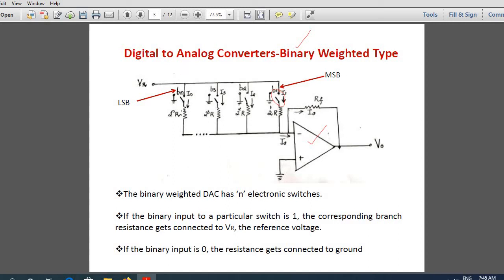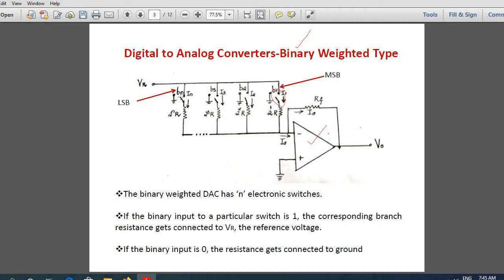N will be 4. These branches are connected to a reference voltage called VR. It is just a reference voltage; you can choose any value. For example, if it is 10 volt, you can choose 10 volt. Another thing is that each switch can be connected either to VR or to ground.